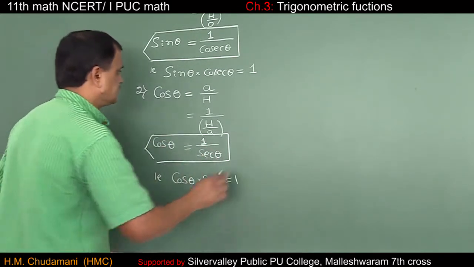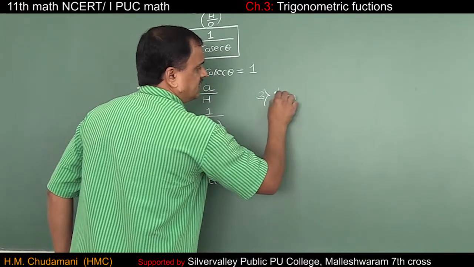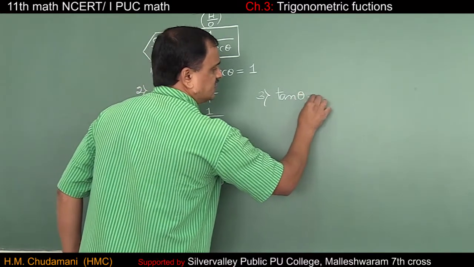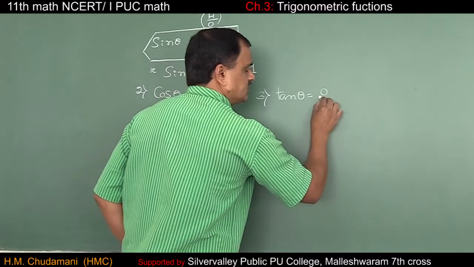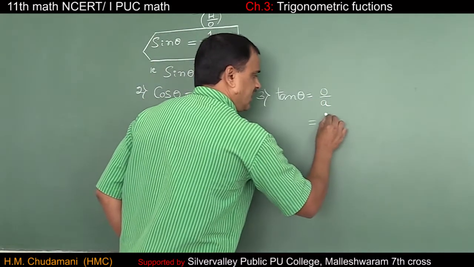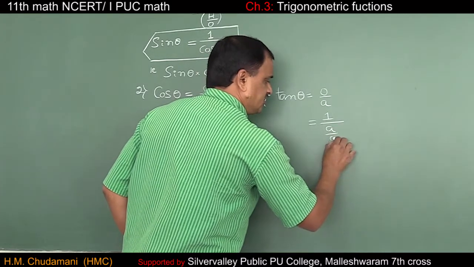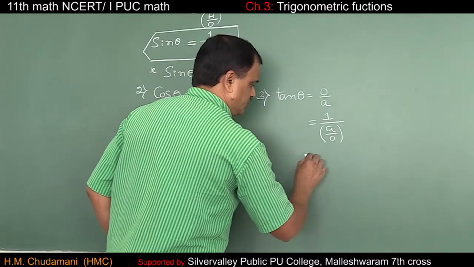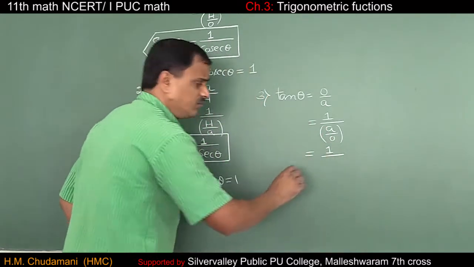Okay. And the third reciprocal relation, tangent of the angle theta. As per the definition, opposite side divided by adjacent side. We can write this as 1 divided by adjacent divided by opposite. So we can write this as 1 divided by, what is adjacent by opposite?